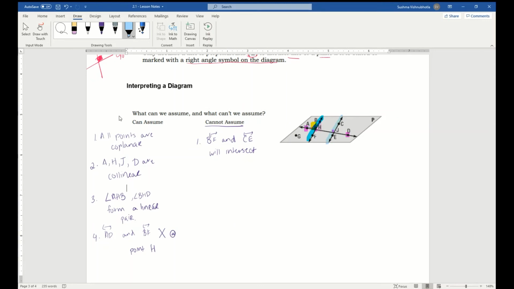So we can't assume that these two will cross. We cannot make that assumption. Even if CE was more like this, and they will eventually cross, we still cannot make that assumption. We also can't make the assumption that they will not cross.